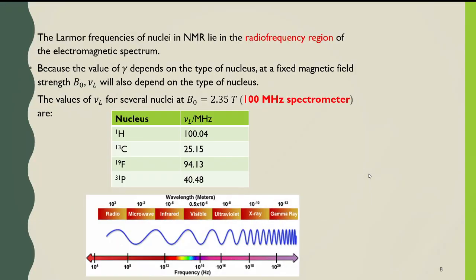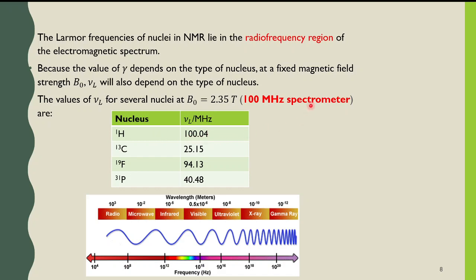So if we look back at the previous slide, you can actually calculate this by using the equation for the Larmor frequency. You see here the Larmor frequency for the proton is actually 100.04.